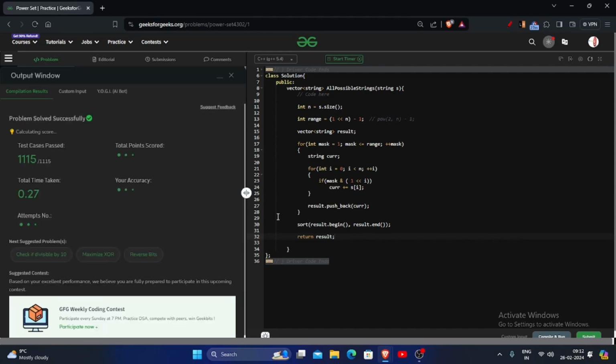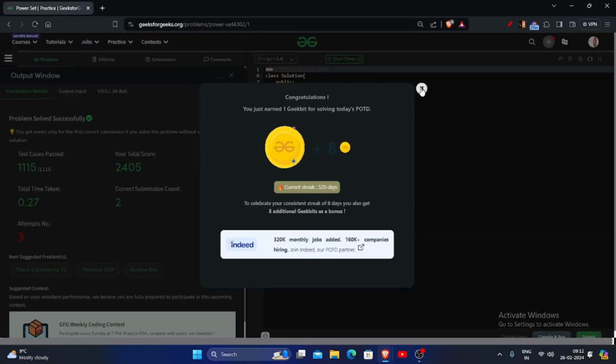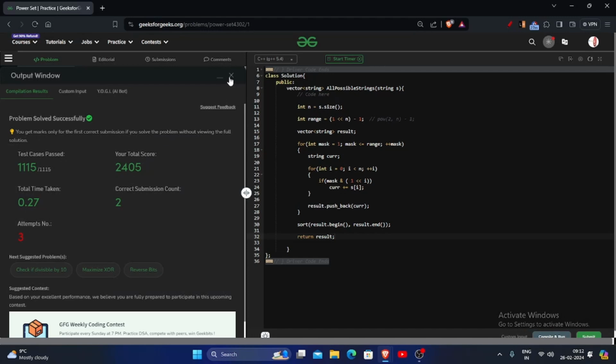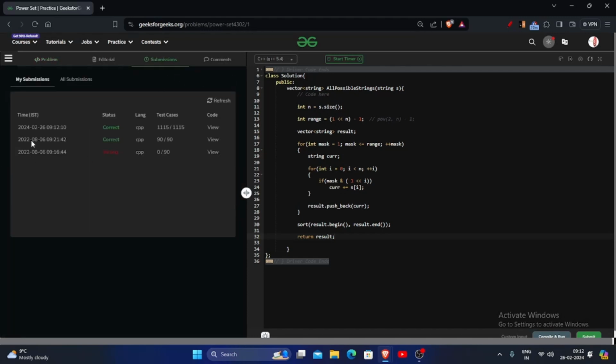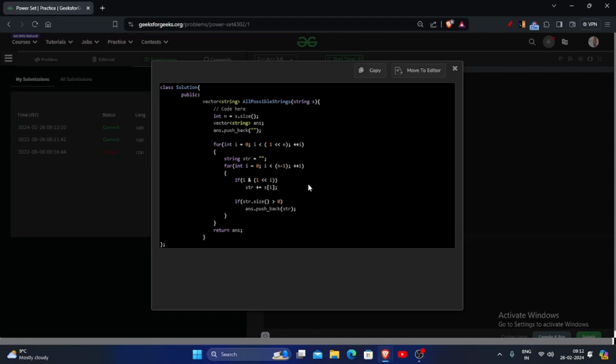Yeah, it works fine. And let's see, when I solved this problem earlier, it took 3 attempts. That was in 2022, 2 years ago. And what did I do wrong here? Okay, I ran it to n minus 1. Actually, it has to be n.